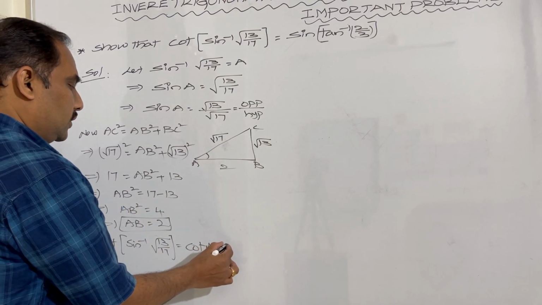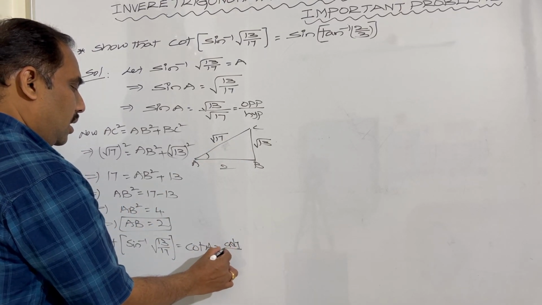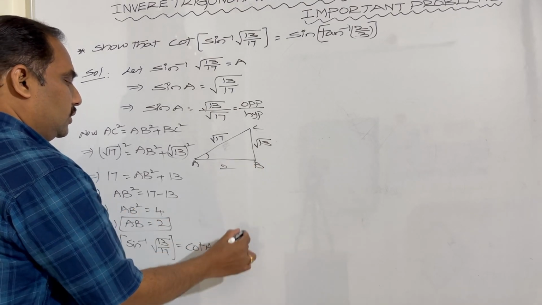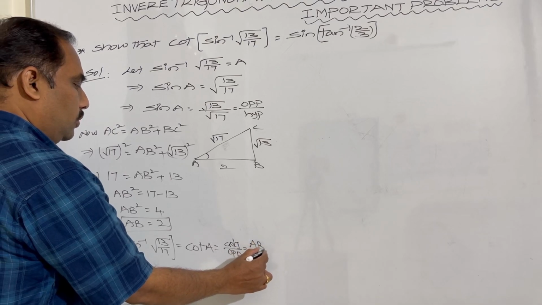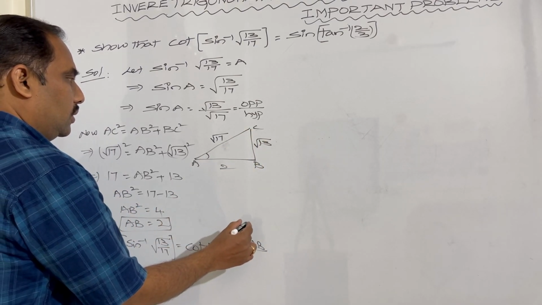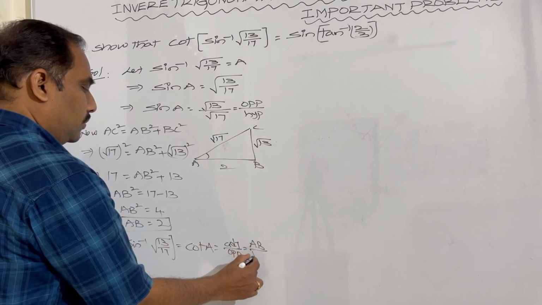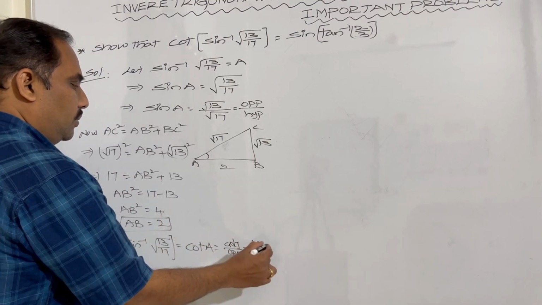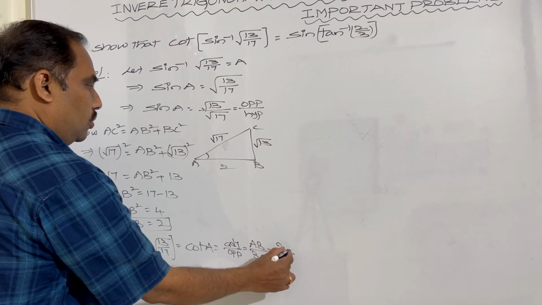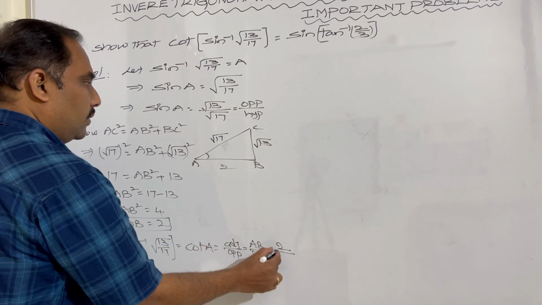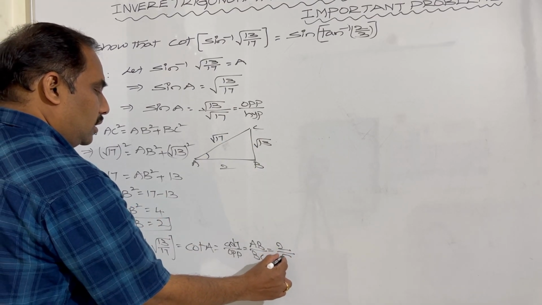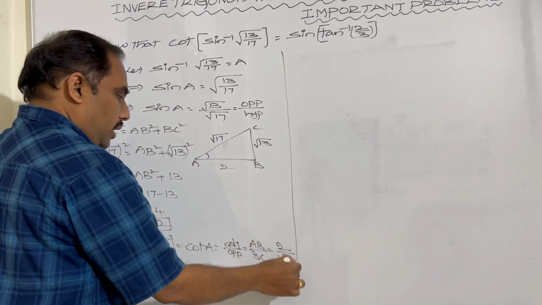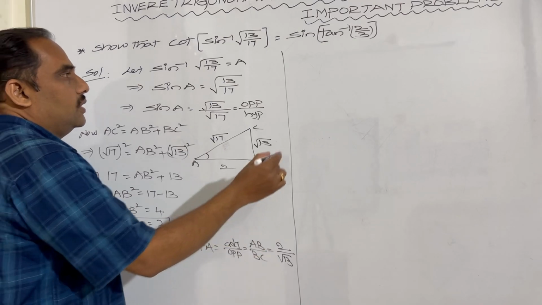The adjacent is AB, that is 2, and the opposite is BC, that is root 13.